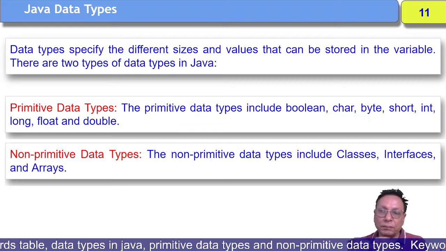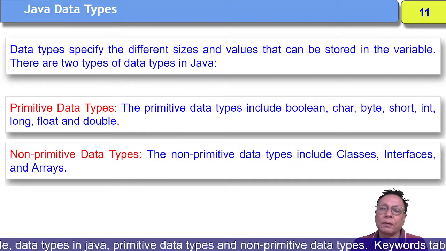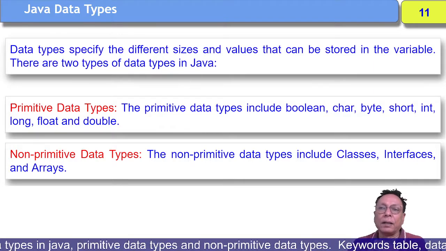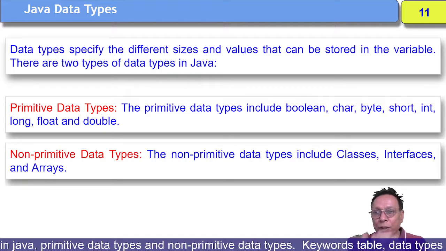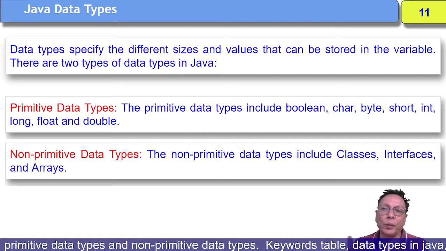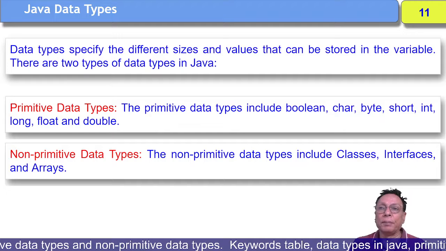So if you define a student, these primitive types can be composed to make a non-primitive data type, student. So this way you can understand that a primitive data type cannot be broken down further, whereas a non-primitive data type can be broken into the primitive data types.